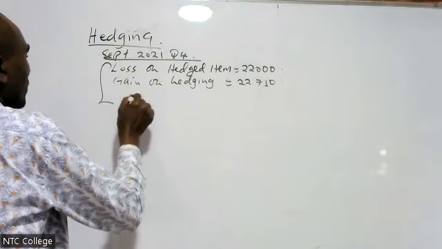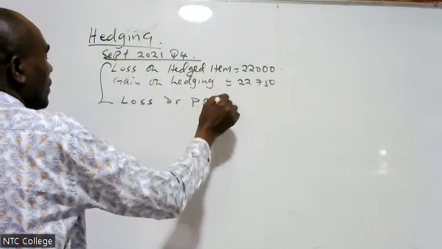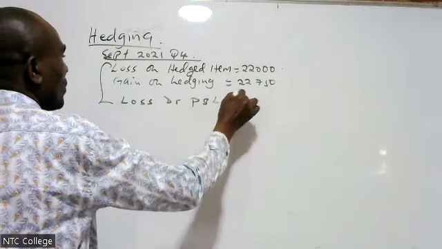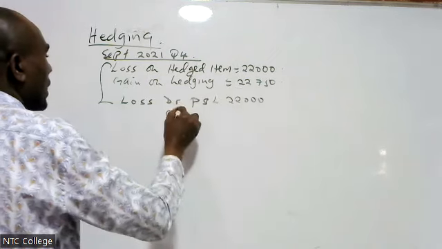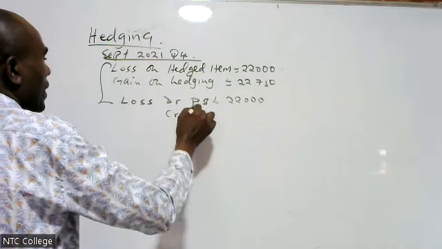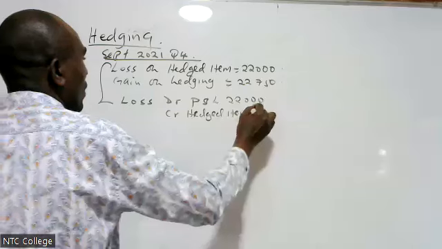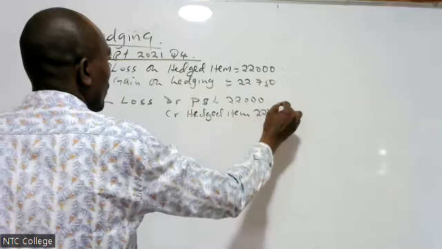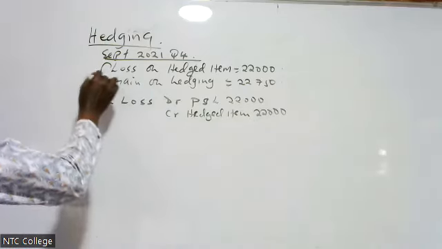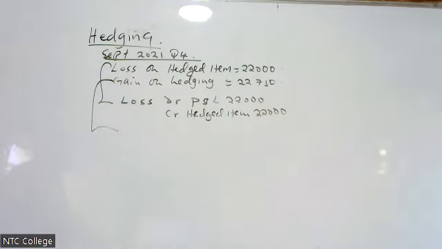The loss here, you are going to debit P and L with 22. You credit hedged item with 22. But when I come to the gain on hedging instrument, this I would assess myself and ask myself a question.